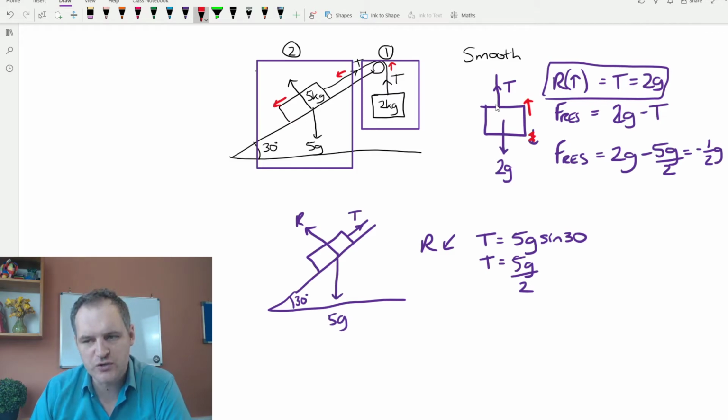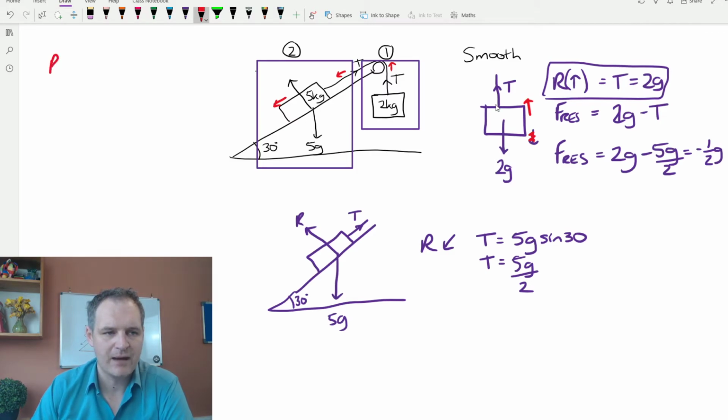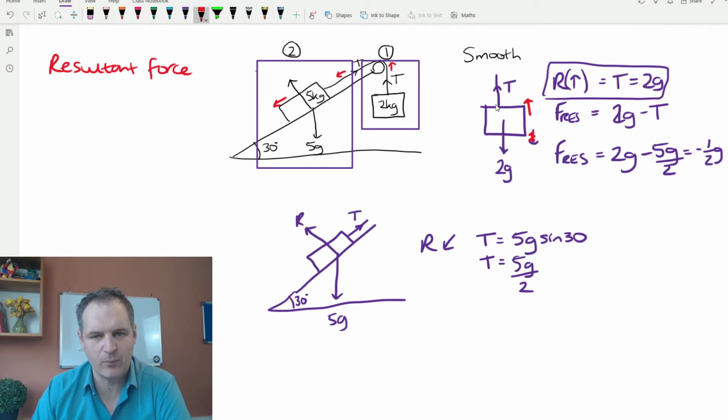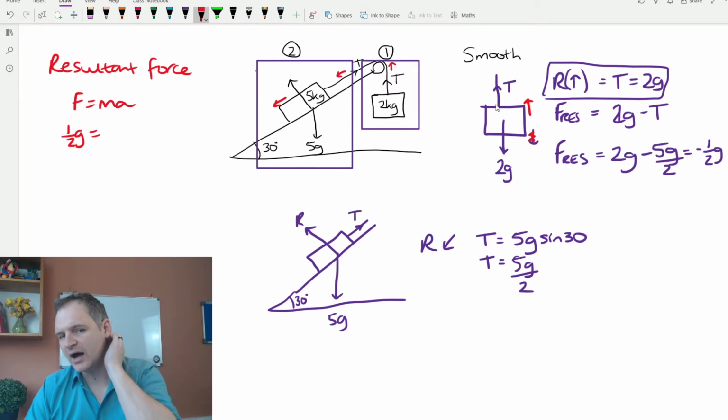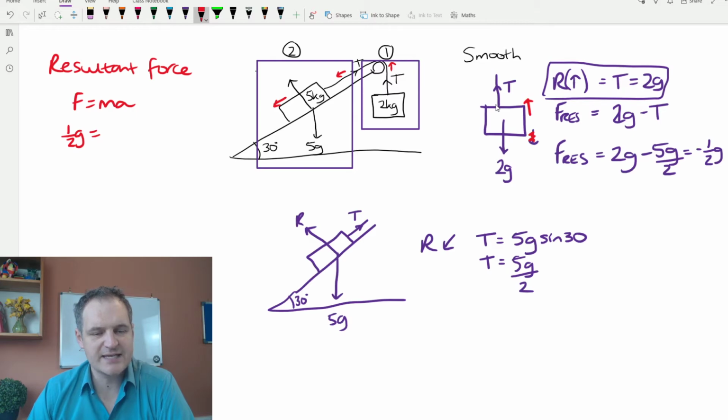The resultant force now, and we talked about this in the last example, has been impacted by having this 2 kilogram weight that's trying to hold it back. So if we think of our F equals ma from before, the resultant force is now only half g, and it's still going to equal 5, 6, 7, 5 kilograms here.